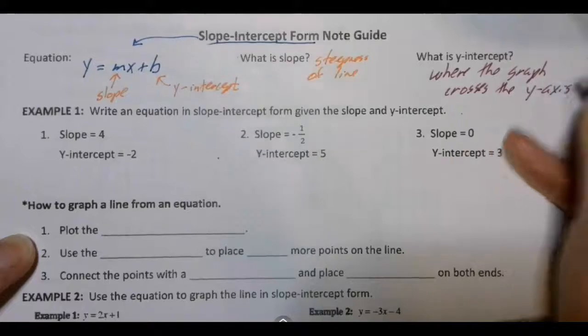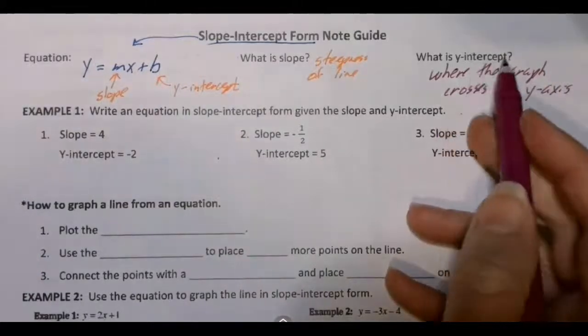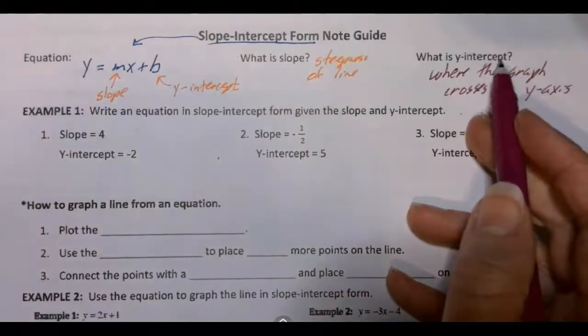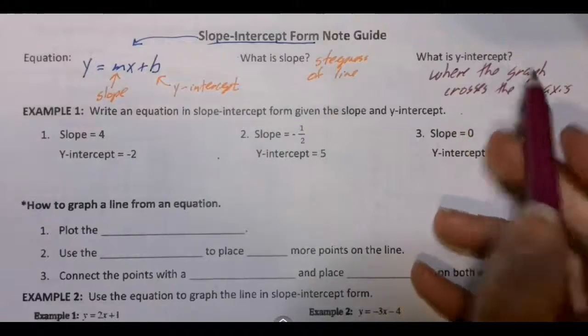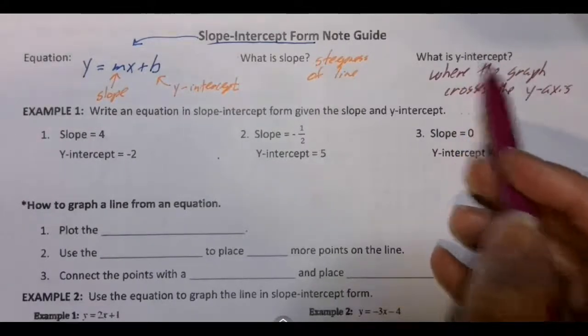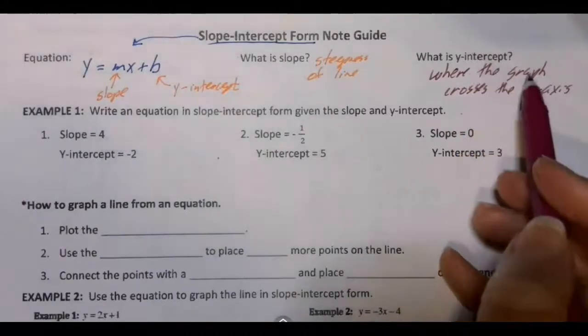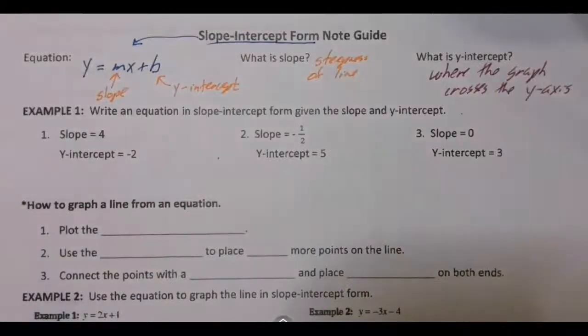And like I explained before, this is the y-intercept. This is where the y-axis intercepts the graph. The y-axis intercepts the graph.